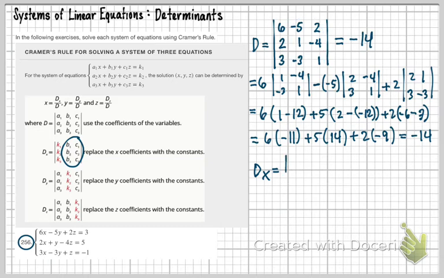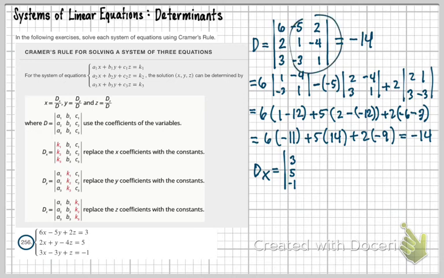So my first one is going to be 3, 5, -1, because that's my number column. That's what we see here. So we see that this column here is my constant column, and now my y and z columns are going to stay the same here.